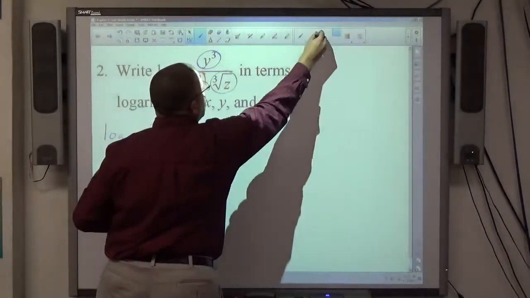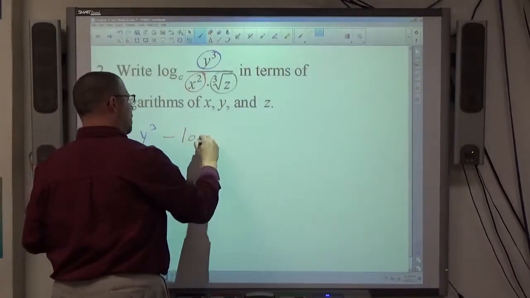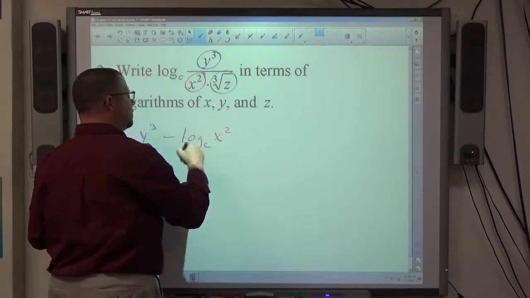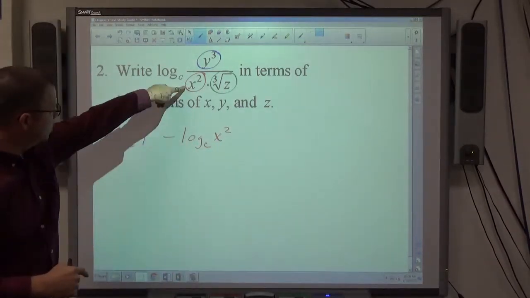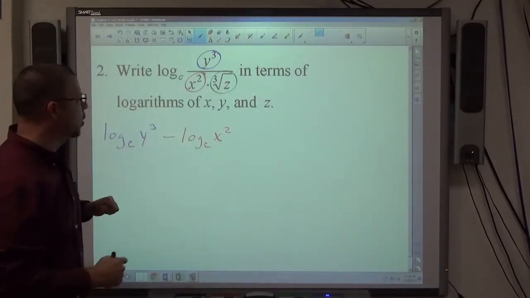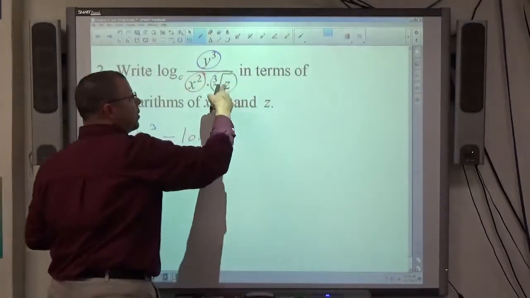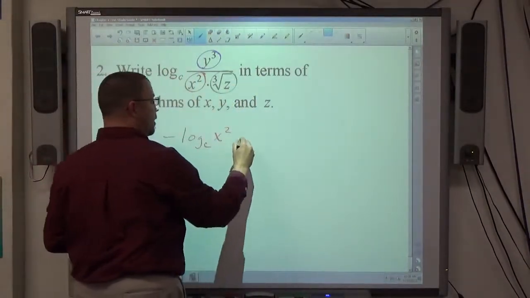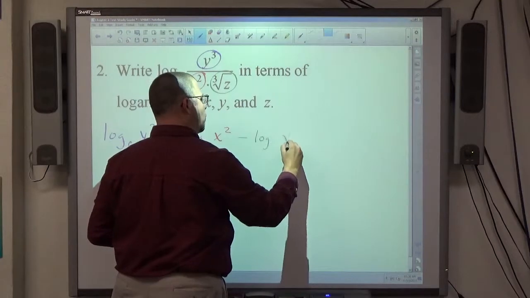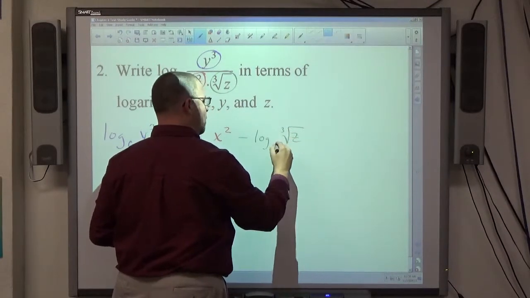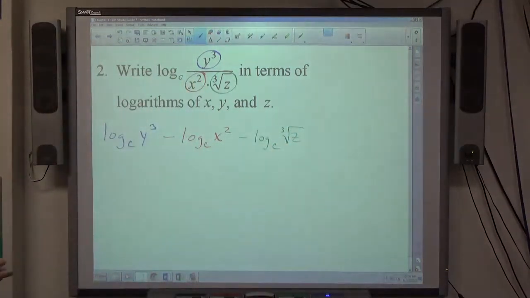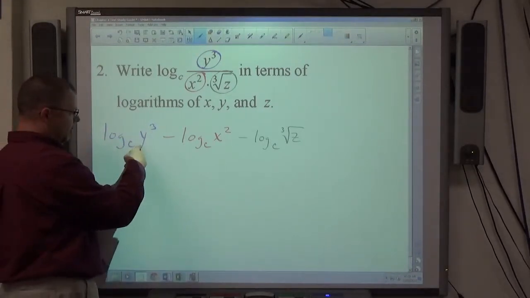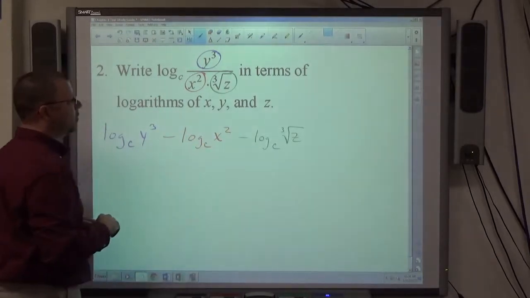I'm going to do minus log of x squared base c. Every bottom thing is subtracted, so x squared's on the bottom, we're subtracting that logarithm. Cube root of z is also being divided, so I'm going to get minus log of the cube root of z base c. So that's the first thing I would do, get it out of the division structure to create 3 separate logarithms. Something about y, something about x, something about z.